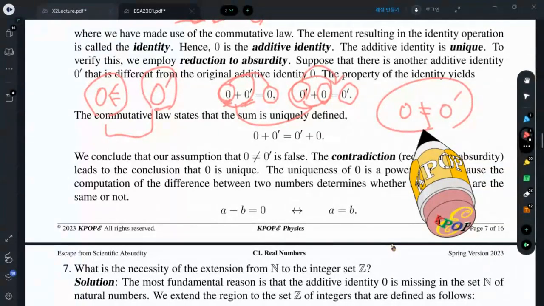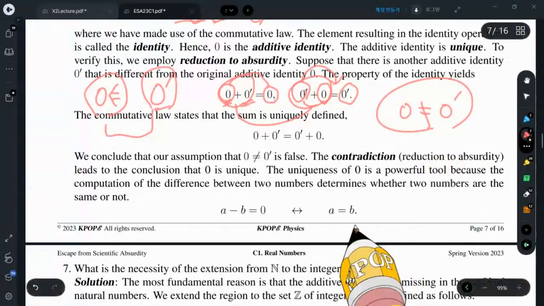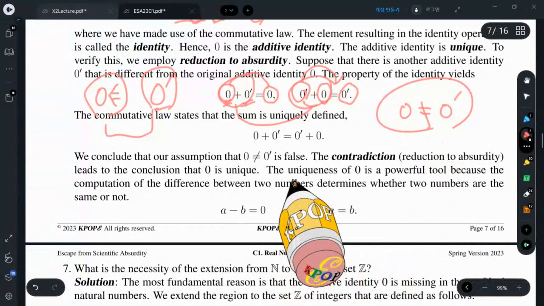It is a contradiction. So his claim that they are different is wrong. This kind of way of proving a proposition is called reduction to absurdity. So it is very close to our spirit that escape from scientific absurdity. Even Newton, Einstein, very famous people were ignorant of the truth, and they were, not us.